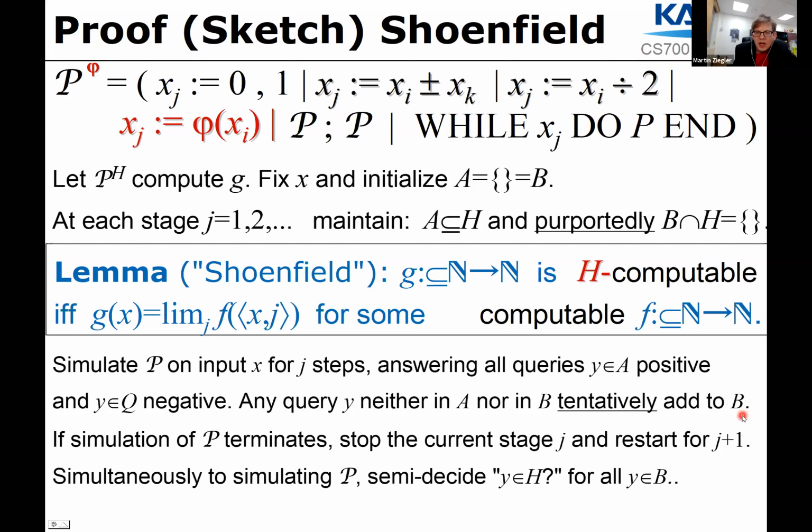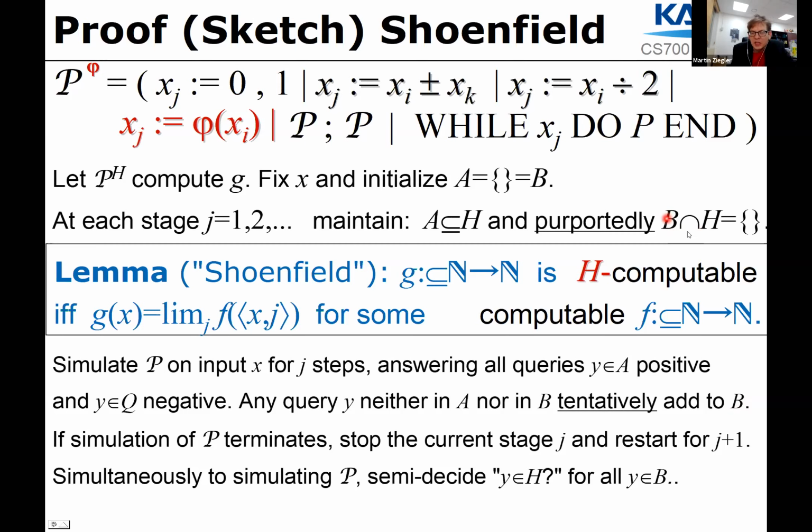So while proceeding with simulating the algorithm with Oracle access to the halting problem, we simultaneously keep verifying, semi-deciding, all the queries that we have answered negatively because we have put them into the set B. And if any of them eventually turns out to terminate, then that means we have wrongly put them into B, because as you remember, B should be disjoint from the halting problem.